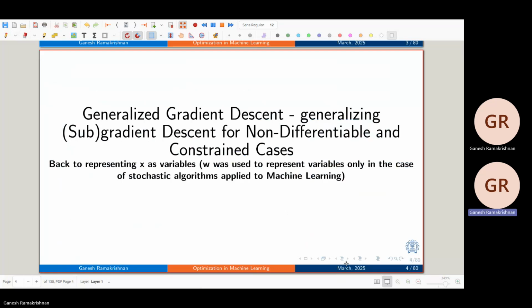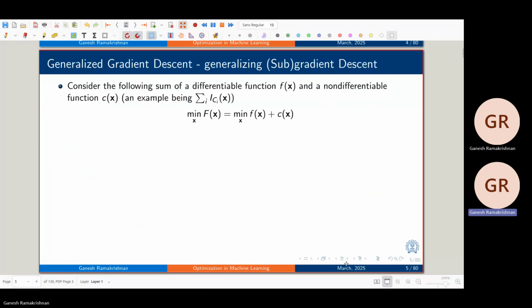So the idea here is generalized gradient descent, generalizing subgradient for non-differentiable and constrained cases. Well, constraint is an example of non-differentiability. So this was our example. I want to minimize f(x) plus c(x). And this together I'm referring to as capital F(x).